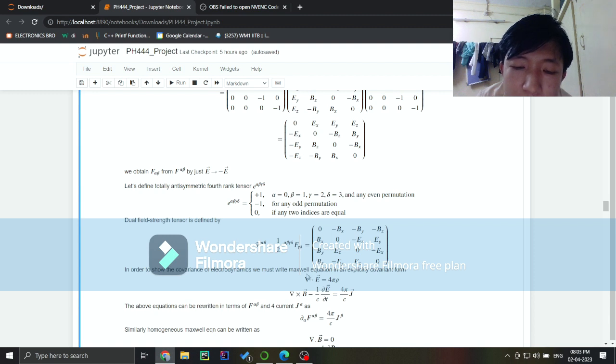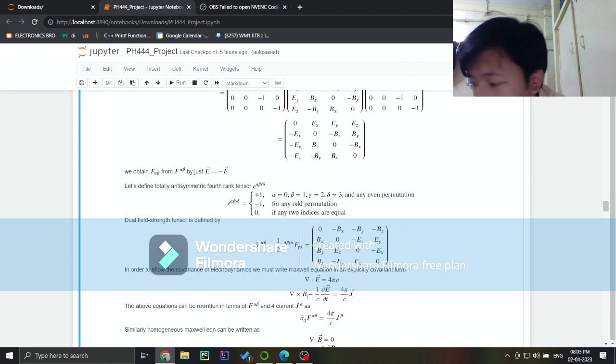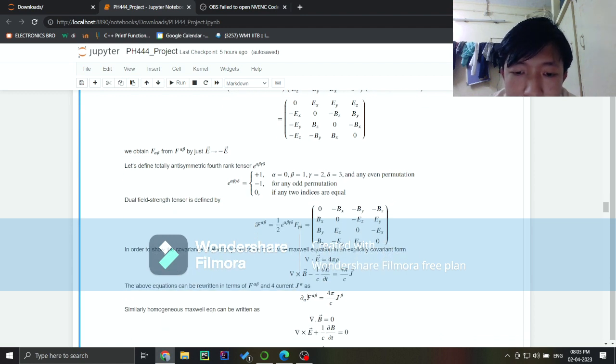Now we know this from electrodynamics. These equations are from electrodynamics. Basically, like I said earlier, in order to show the covariance of electrodynamics, we would like to write the Maxwell's equations in their four vector form. So that's what we are doing here.